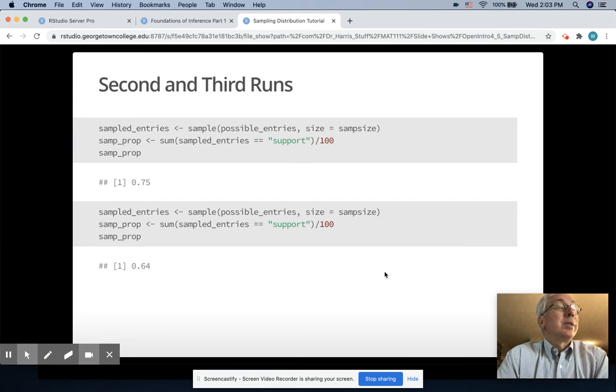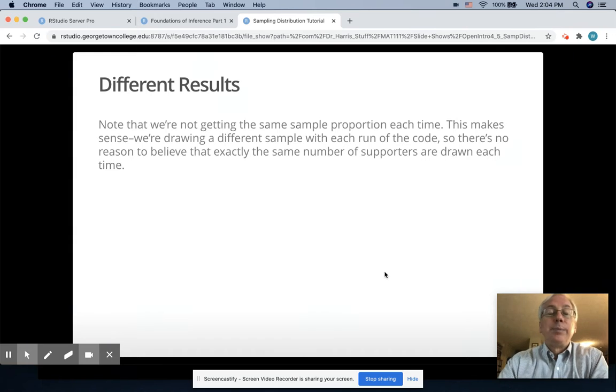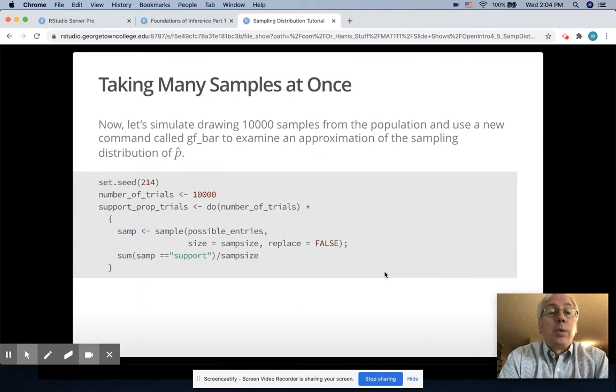So the question becomes, if I did this sort of process over and over and over again, thousands and thousands of times, and then collected it into a graphic, a bar graph, a density plot like thing, what would that look like? So the next bit of code that we're going to look at is going to try to answer that question. So we're going to actually take 10,000 samples of size 100.